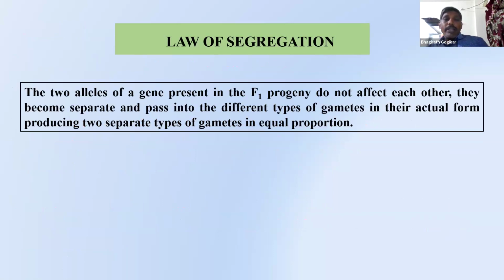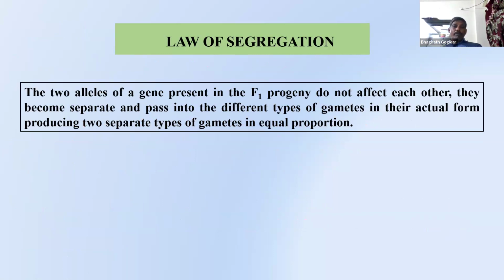So in Mendel's first law, in the monohybrid experiments, we know very well the monohybrid experiments. Here, the 2 alleles of a gene present in the F1 progeny do not affect each other or mix up with each other.